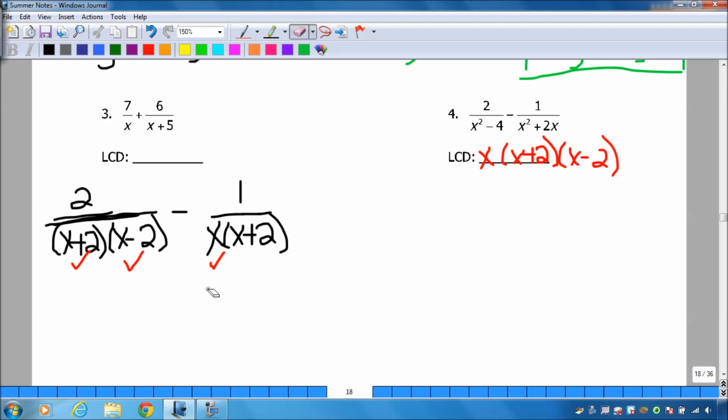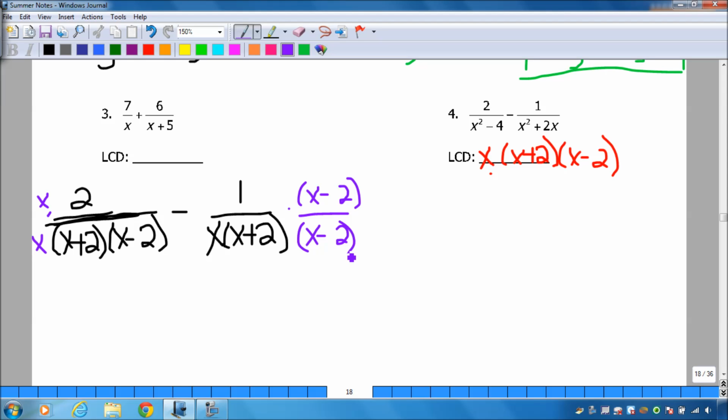Okay, so I found my LCD. Now I have to just go through and multiply everything by what's missing. So for this denominator to look like this LCD, I need to include that x in there. So I'm going to multiply by x over x, okay? And then this denominator is missing this x minus 2 term. So I'm going to multiply by x minus 2 over x minus 2, okay?